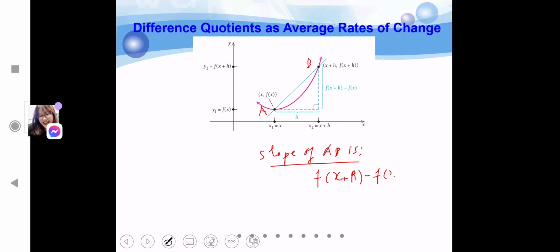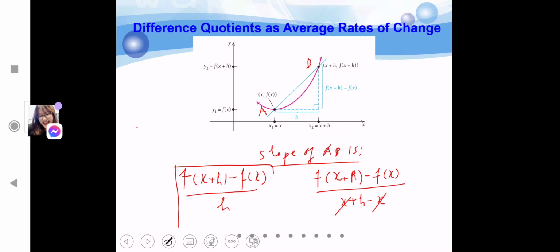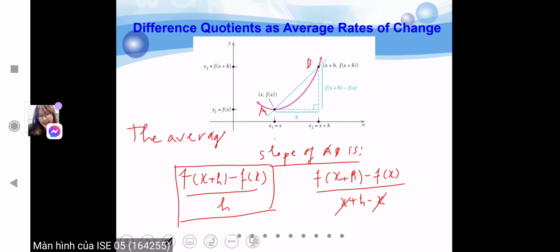This ratio is the average rate of change of y with respect to x from x0 to x0 plus h.